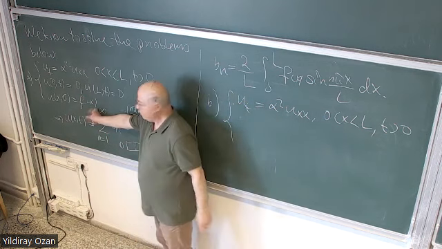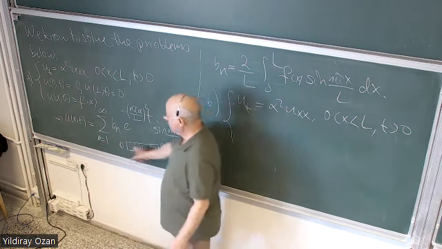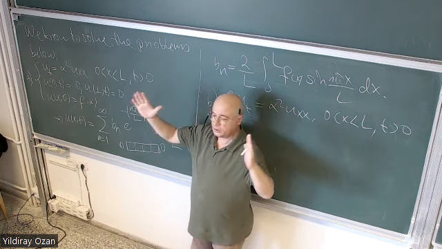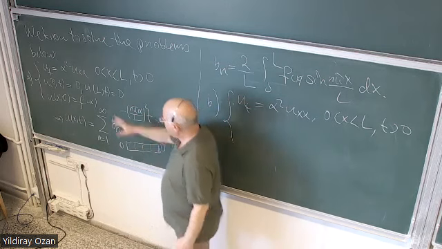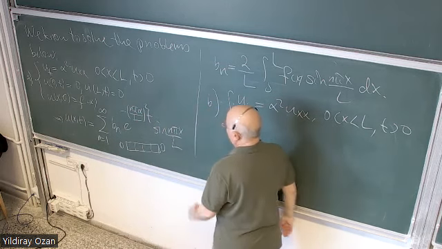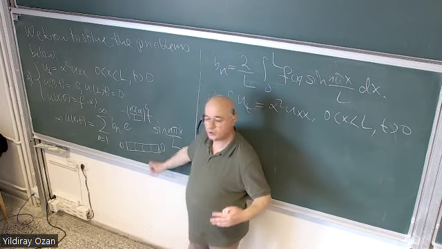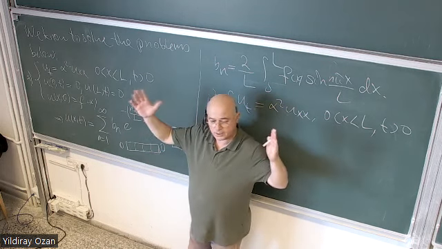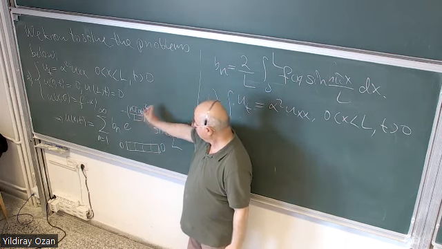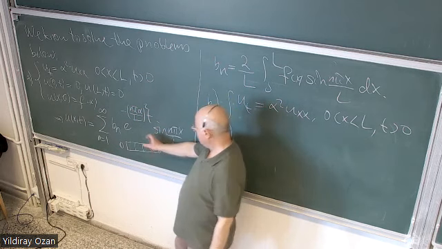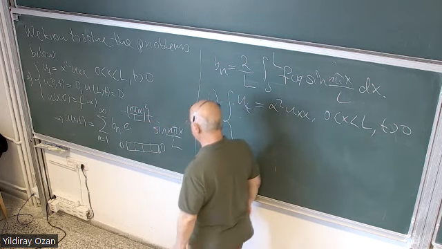It has some initial temperature distribution, but then you keep the endpoints at 0 degrees Celsius, and then you let time go on, and of course the temperature will eventually go to 0 because the ends are always at 0 degrees. And from the solution also, you know that the solution will go to 0 as t goes to infinity.